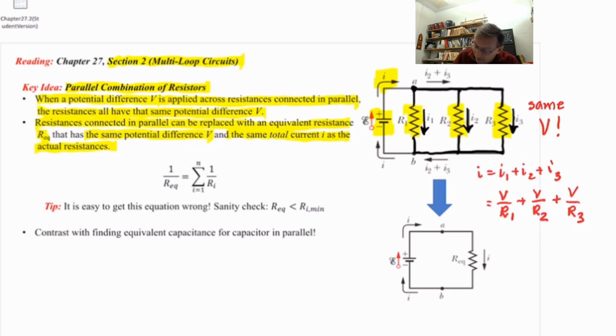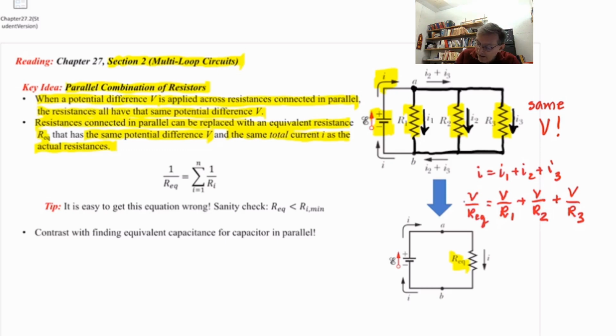But that will then also be the current through that one equivalent resistor, which you see in the lower circuit diagram. See how we've replaced the three original ones in parallel with the one Req, with the total current I through it. So that total current I is also V over the equivalent, Req.